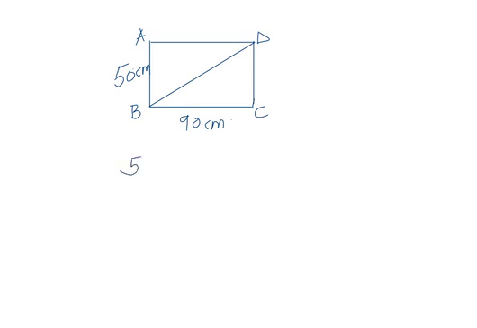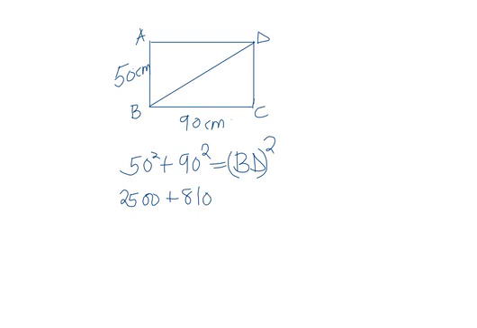So we have 50 squared plus 90 squared should be equal to BD squared. So 50 squared is 2500 plus 90 squared, which is 8100, should be equal to BD squared by Pythagoras theorem.